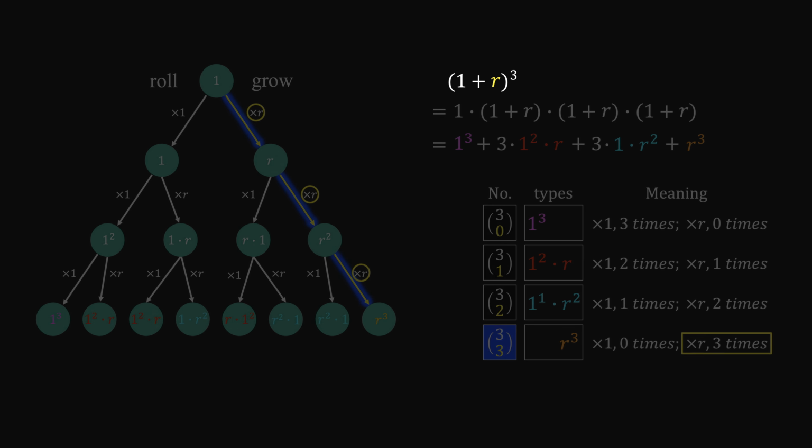Now we can deal with a more general case, where there are n periods. First, let's think about the type of terms. We have 1 to the power of n times r to the power of 0, meaning roll n times, grow 0 times. And the number of it can be obtained through thinking about the number of ways to pick 0 out of n.